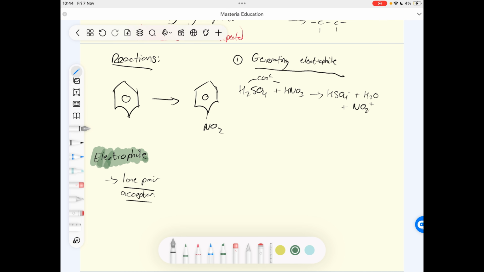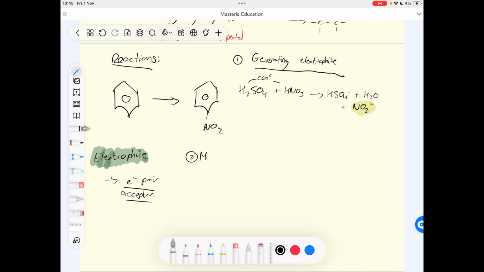And this NO2 plus is essentially our electrophile because it's positive, it can really accept that lone pair. Or a better word than lone pair is actually electron pair acceptor, because it can be a lone pair or it can be more generally an electron pair. So the first step is generating the electrophile.